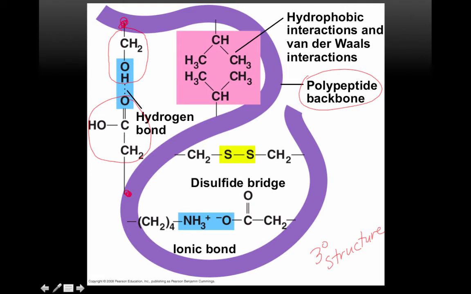That causes the polypeptide backbone to fold, maybe into a beta pleated sheet, maybe into an alpha helix. It just depends on how many hydrogen bonds form and where they're located. To the right, we're emphasizing some other amino acid and its R group, which is hydrophobic or nonpolar.